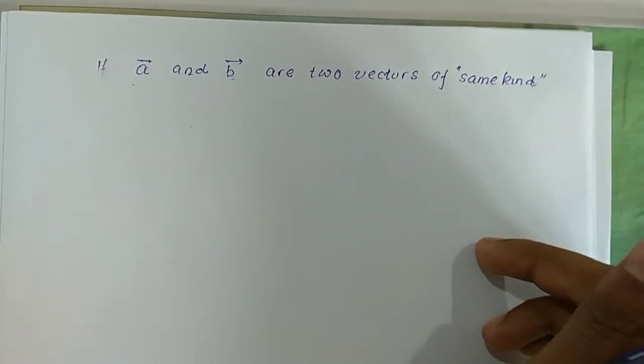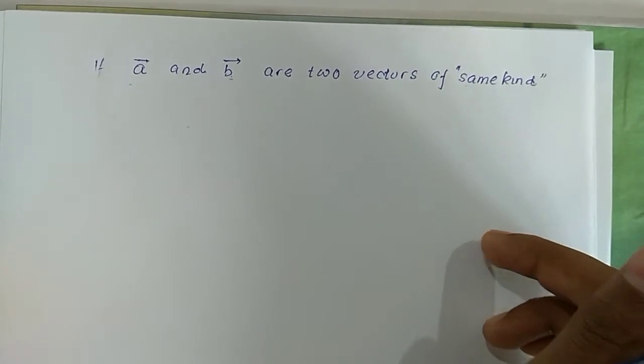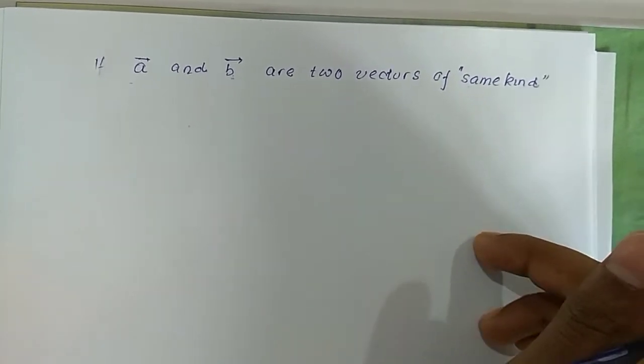Addition between vectors is only possible if they are of the same kind.